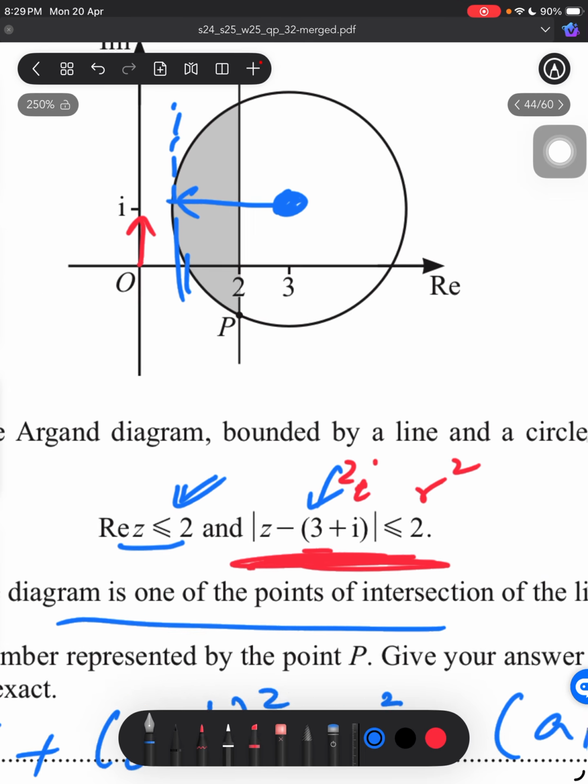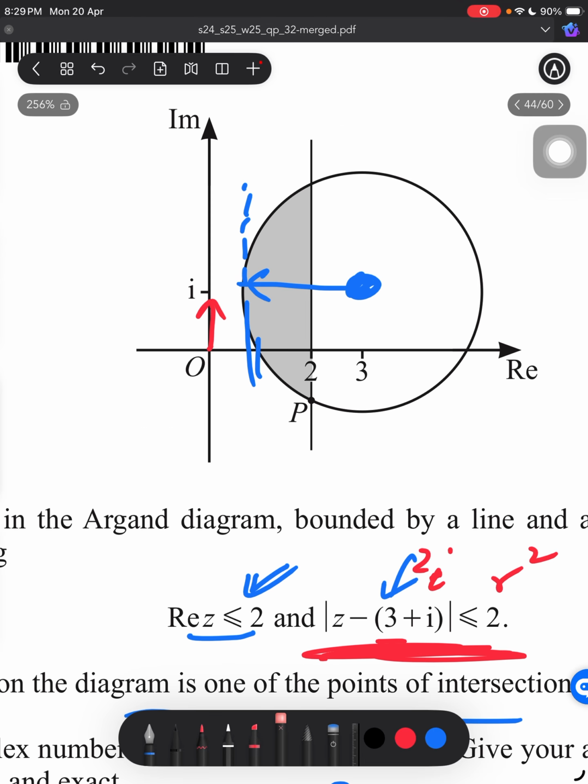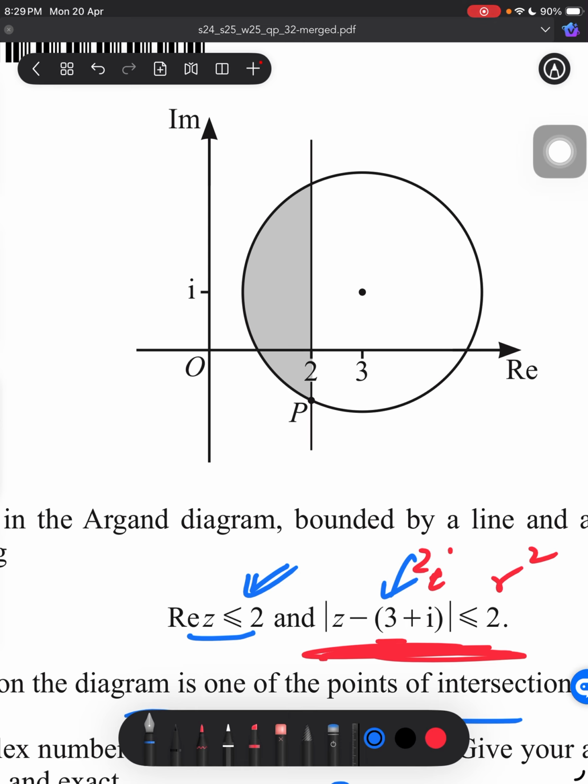For the points of the shaded region, we can consider a tangent starting from here, and we know the radius would remain the same if it touches any point on the tangent.